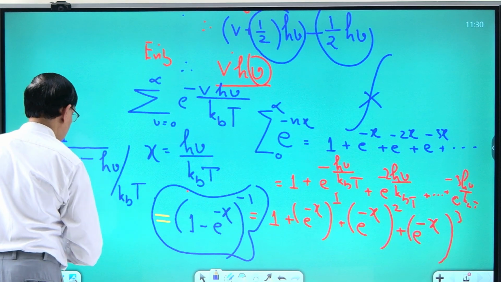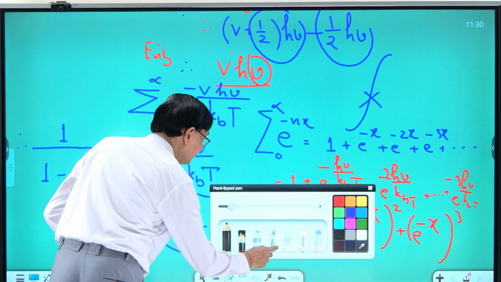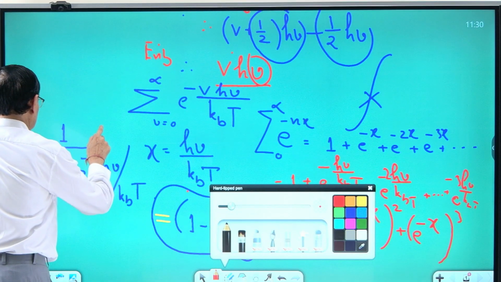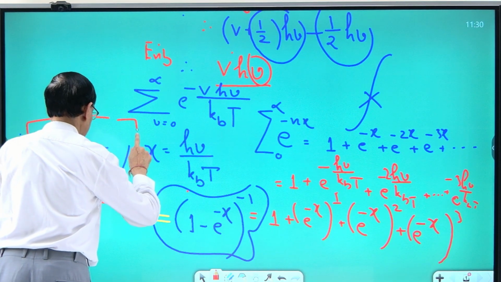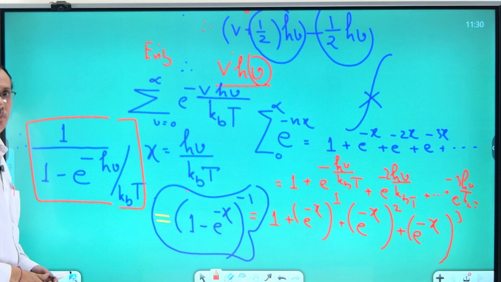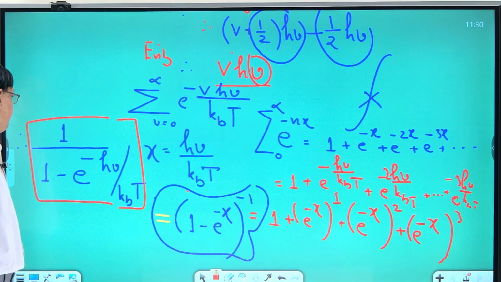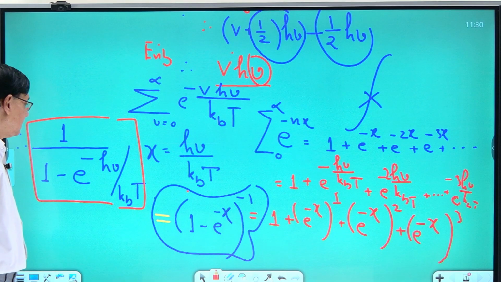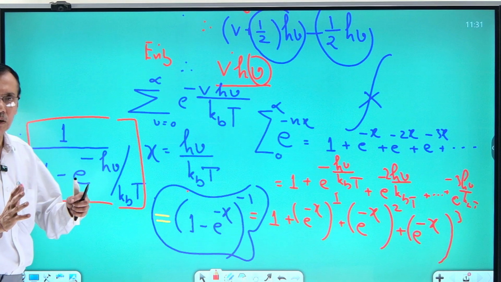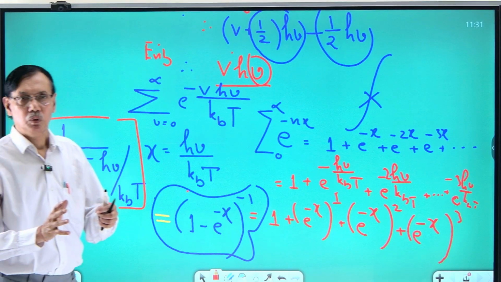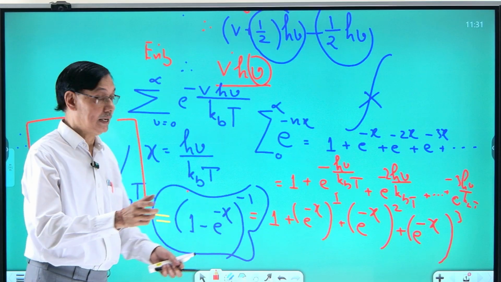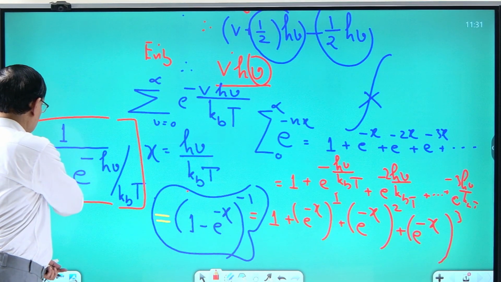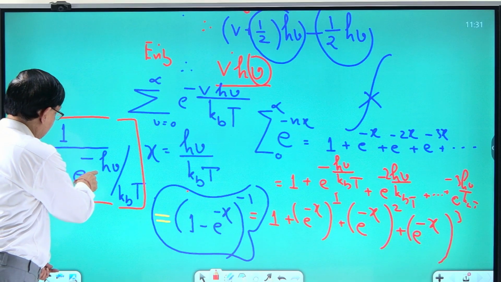divided by kBT. In red color, what is my final value of the vibrational partition function for diatomic molecules without considering the zero-point energy? That is 1 divided by 1 minus exponential minus h nu over kBT.